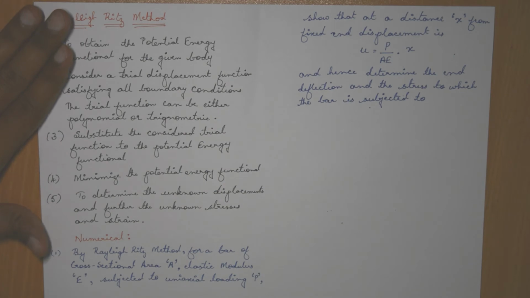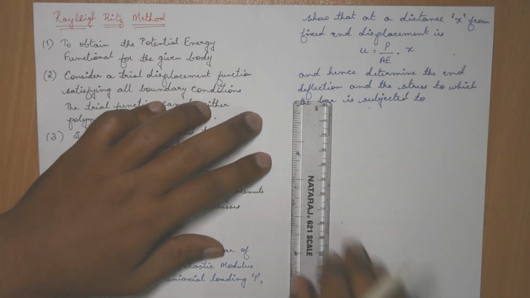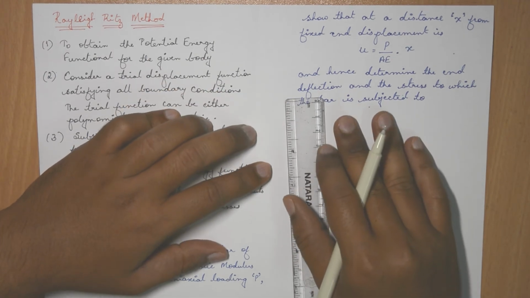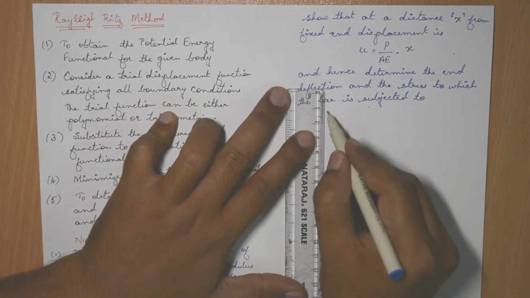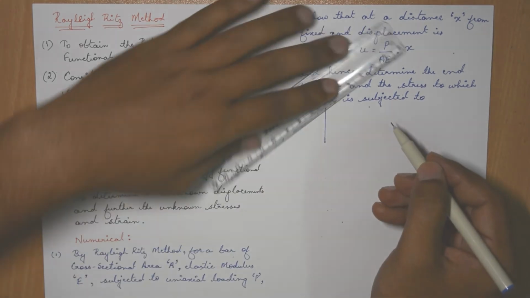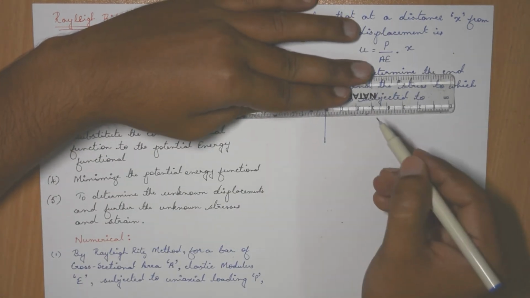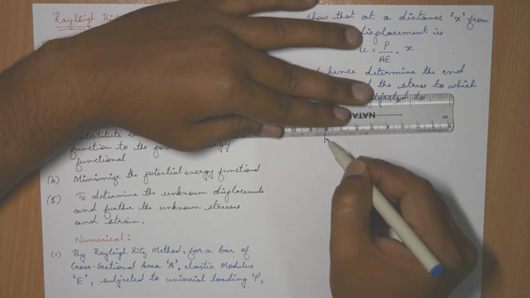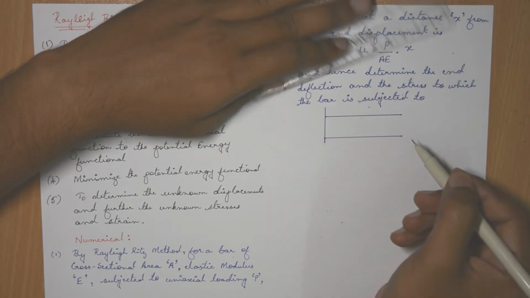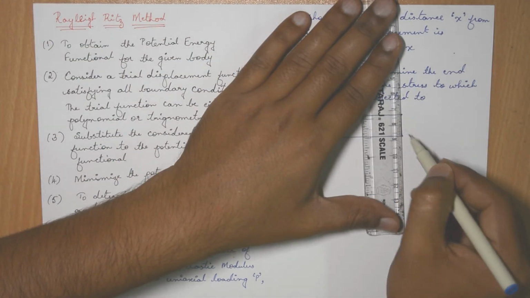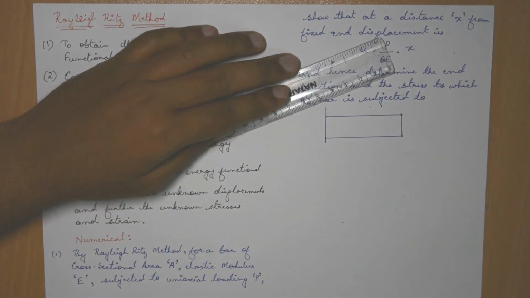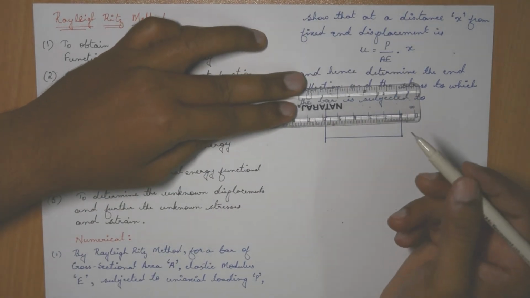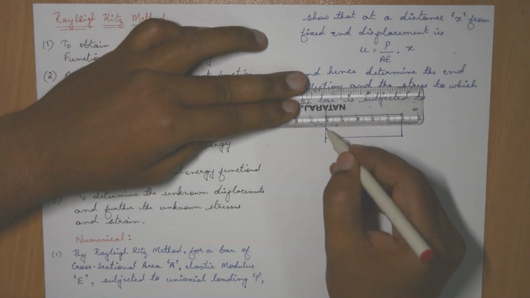There is a small diagram that we have for this. The bar is of uniform cross-sectional area, and the load that is being applied is axial.